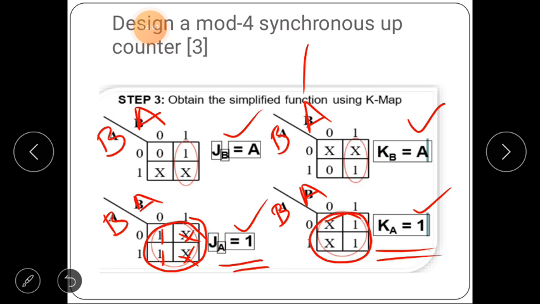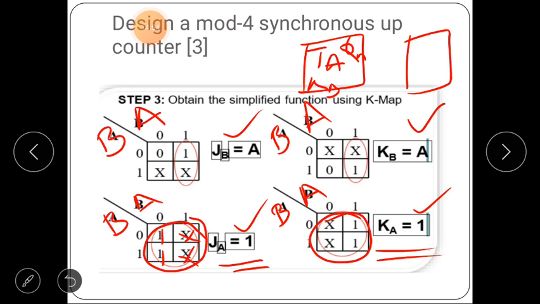There are 2 flip-flops, with JA, KA, QA, and JB, KB, QB. Here JA and KA values are 1, so they are connected to 1.